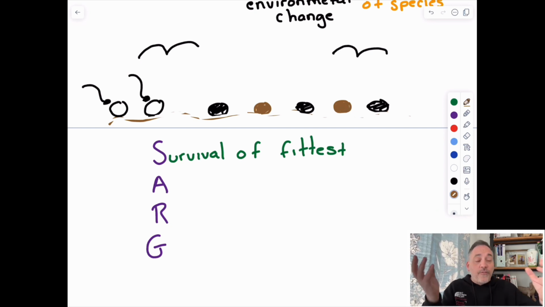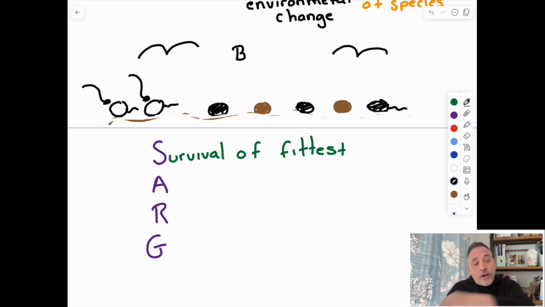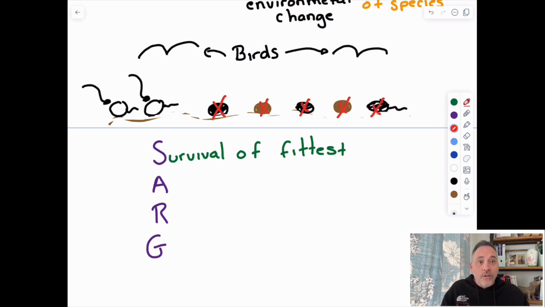Because they're camouflaged, the birds swooping down trying to eat these mice are going to pick off the black mice and the brown mice, but the white mice are going to be left behind because they're camouflaged in the snow. So that's why we refer to them as having the advantageous allele. That's your A in VOSSAR G. So variation, overproduction, selection pressure, survival of the fittest, and advantageous allele.